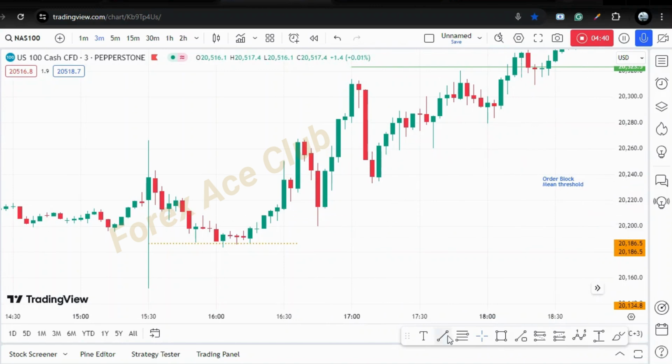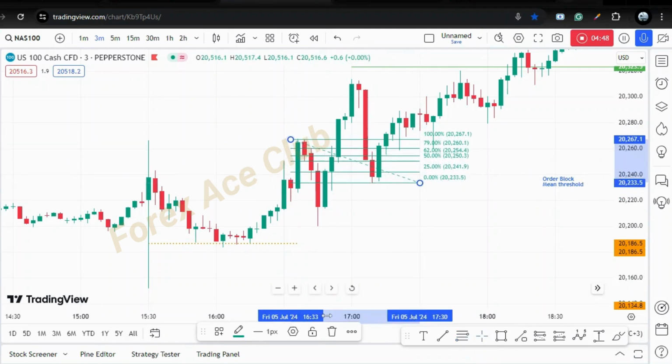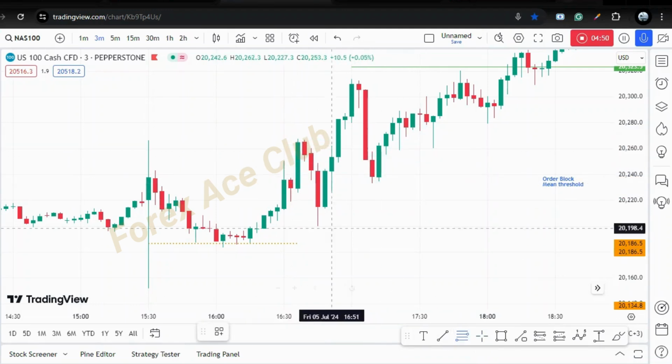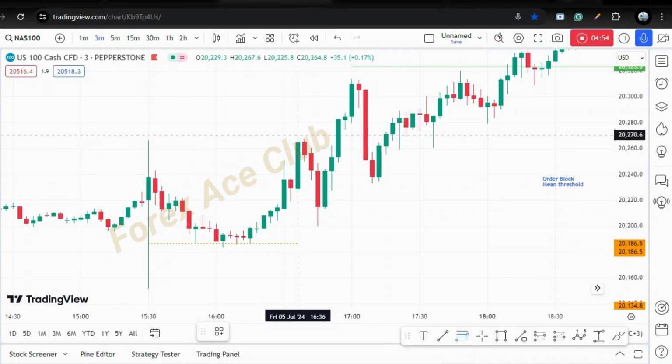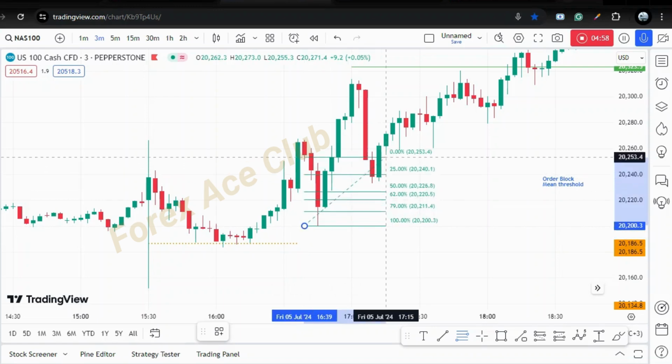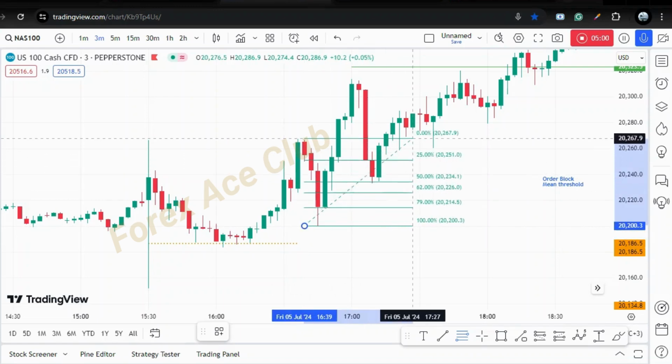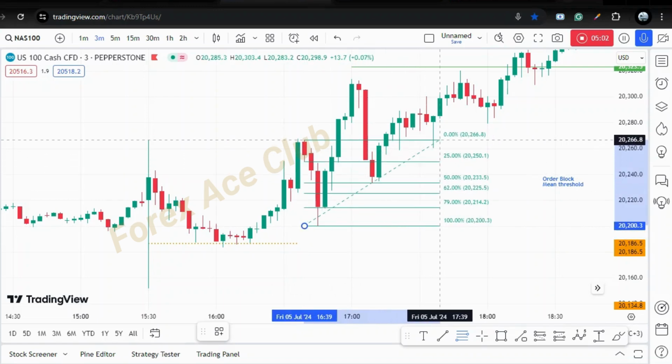So I drew my fib to measure the mean threshold. We start from below, because we want 0 to start from the bottom. So then you go up and you extend.